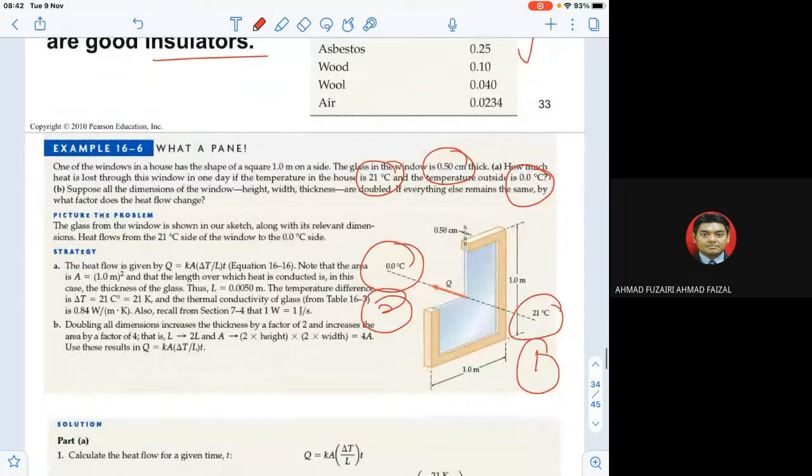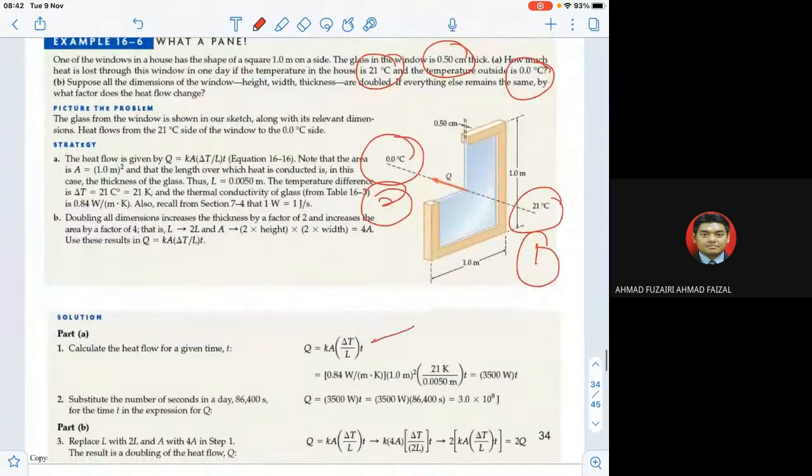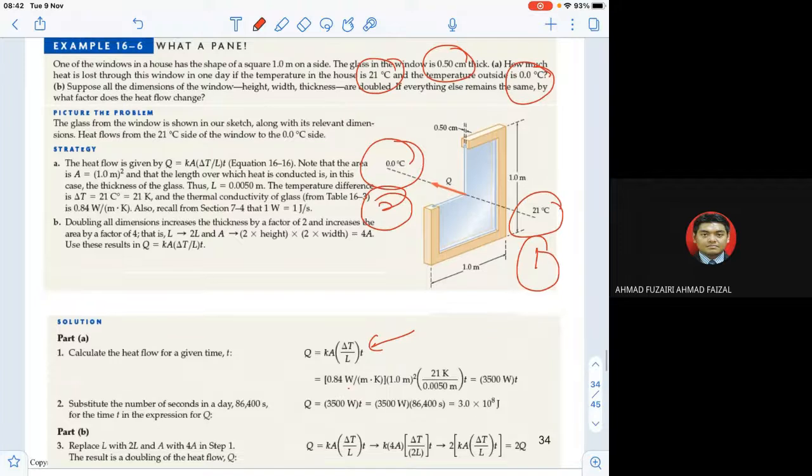Then of course you can apply this equation: Q equals k A delta T over L times t. t is time, delta T is the temperature difference. So 0.84 watt per meter Kelvin, times 1 meter squared for the area, times 21 Kelvin for the delta T, over 0.005 meters, because L is the length.